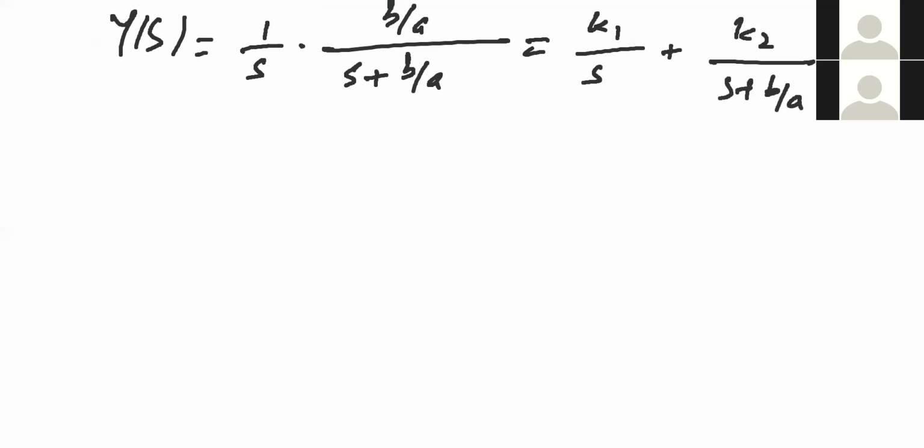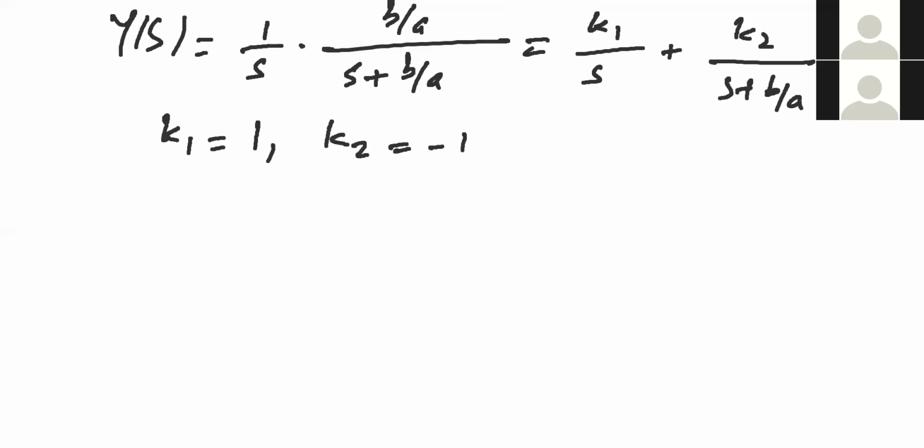If you find the values of k1 and k2, k1 will be equal to 1, and k2 will be equal to minus 1.